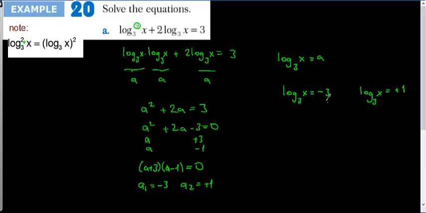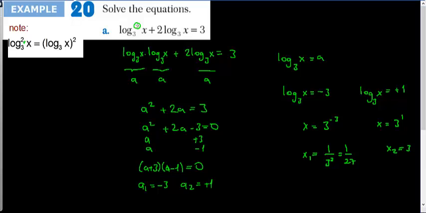That means x is equal to 3 to the power of minus 3, and x is equal to 3 to the power of 1. So x is equal to 1 over 3 cubed, which is 1 over 27, or x is equal to 3. x1 is equal to 1 over 27 and x2 is equal to 3.